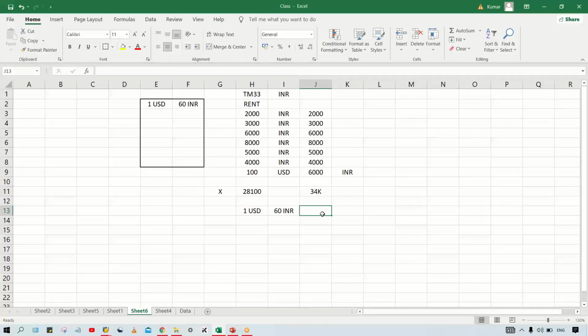Now we'll talk in terms of the bank's perspective. The bank is selling $1 at this rate. So this is called the bank selling rate.